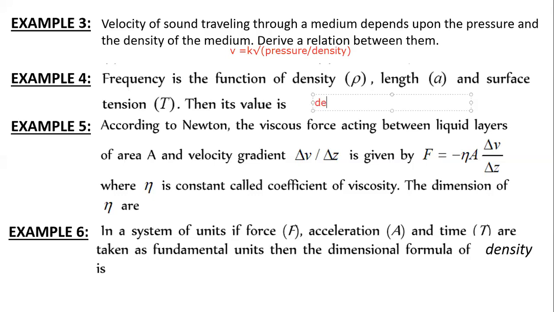So you should get density power minus 1, then length power 3, that is nothing but A specified, and your tension you're getting as power 1.